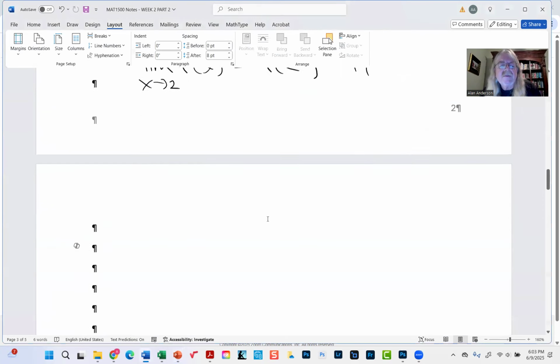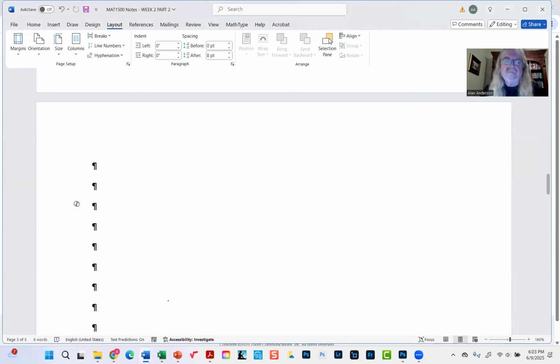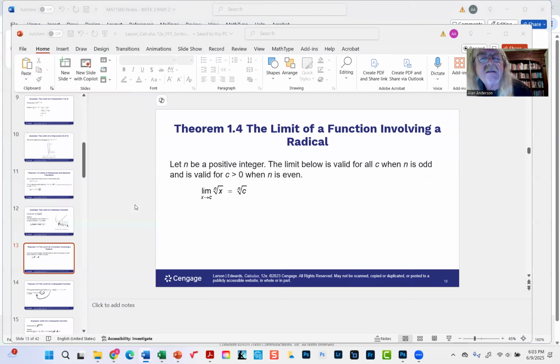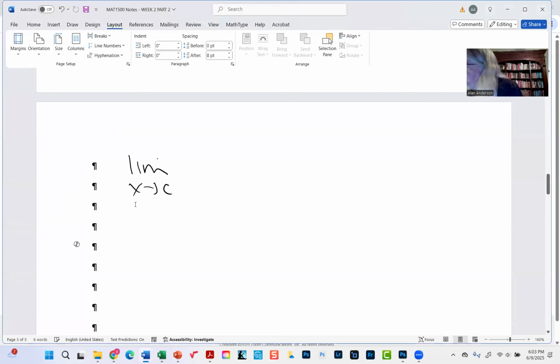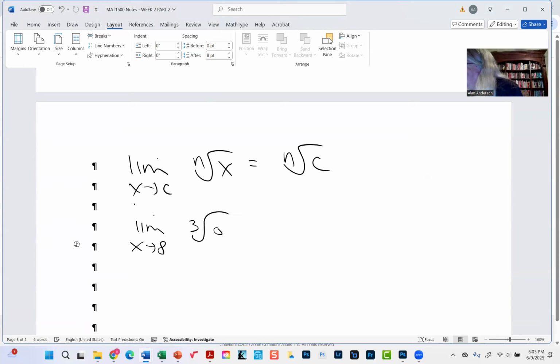So if you had, for example, the limit as x approaches c of, let's say, just to give you a specific example, let's say that x is approaching 8, n is 3.